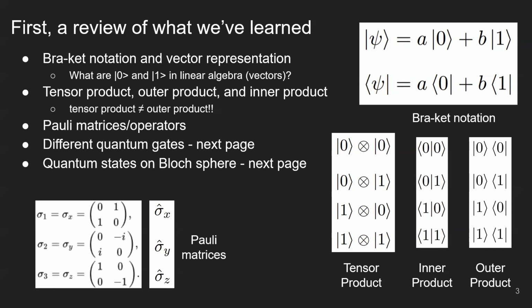We're not going to really worry about the bra version today. You can have any combination of the 0 and the 1 with different coefficients. That's what the A and B are. They can be any arbitrary coefficients.